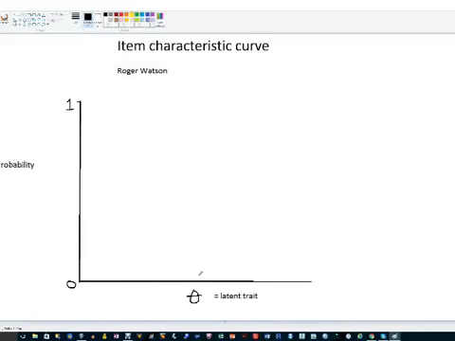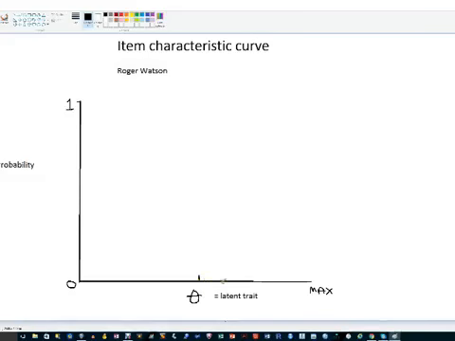I'm going to mark a point here in the middle of the range of the latent trait, which goes from 0 up to the maximum amount of the latent trait. And let's just assume, for the sake of argument, this is the mean score on the latent trait here, certainly the point of central tendency.